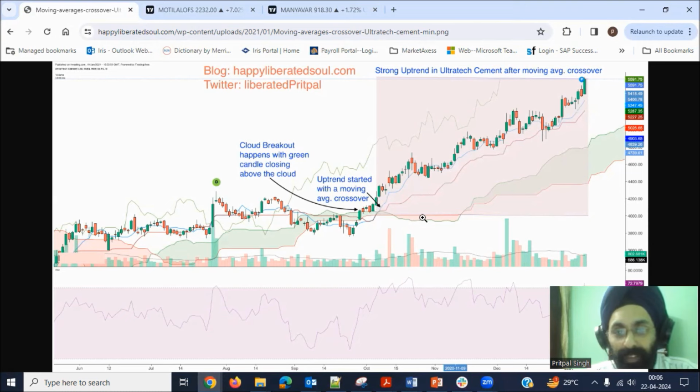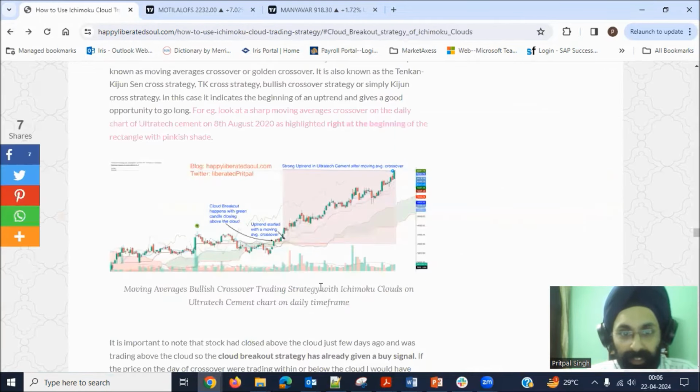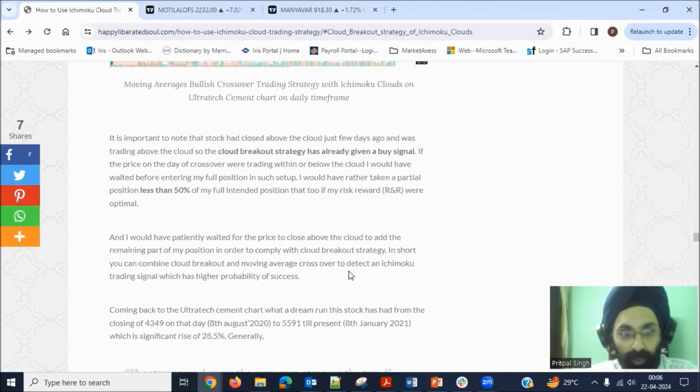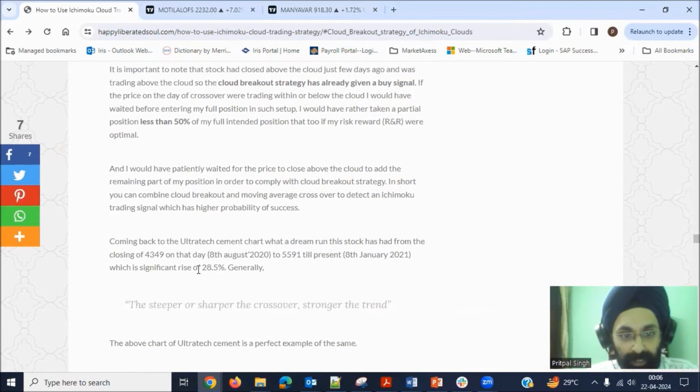But yes, it is an old chart. The point is that the Ichimoku cloud, although it looks quite complex, once you understand it, you can get mind-blowing targets using the strategies provided by Ichimoku cloud. Here I have mentioned as well that it was a significant rise of 28.5%.